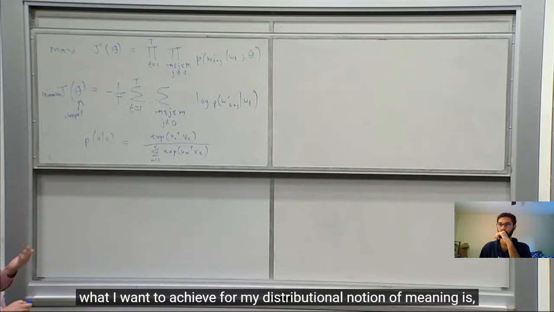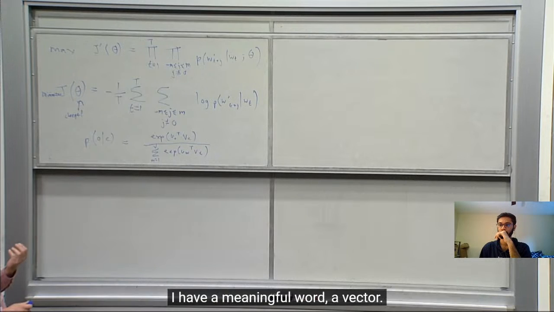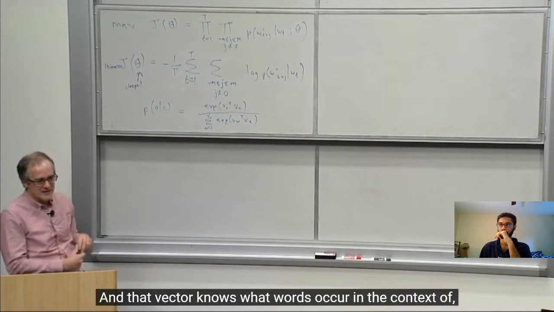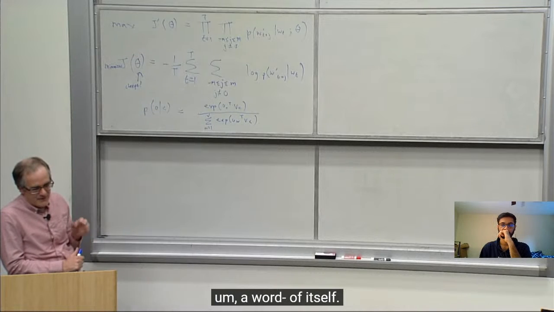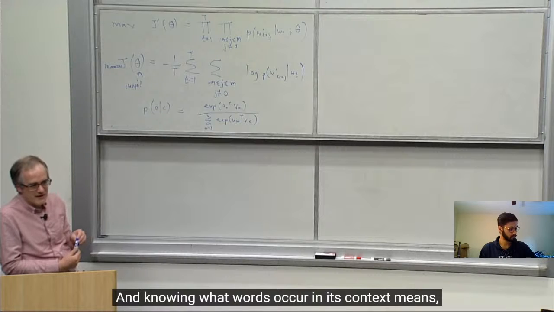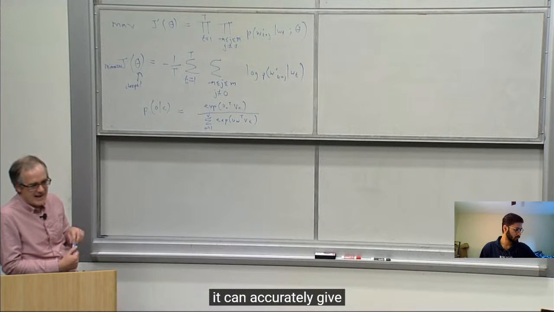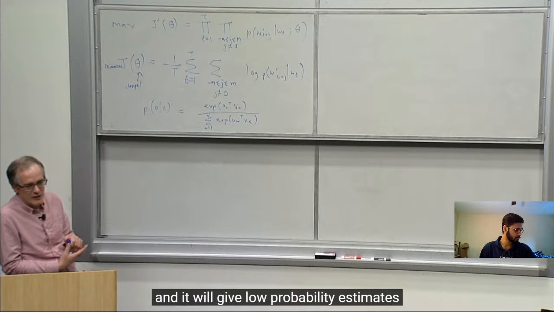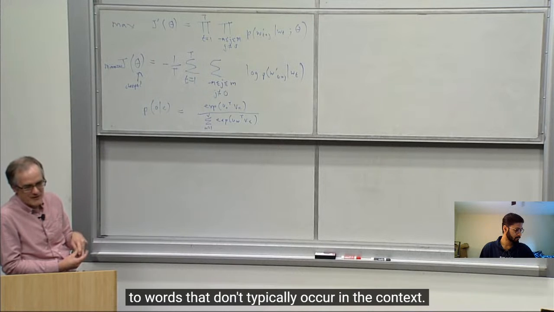What I want to achieve for my distributional notion of meaning is I have a meaningful word, a vector, and that vector knows what words occur in the context of a word of itself. And knowing what words occur in its context means it can accurately give a high probability estimate to those words that occur in the context, and it will give low probability estimates to words that don't typically occur in the context.